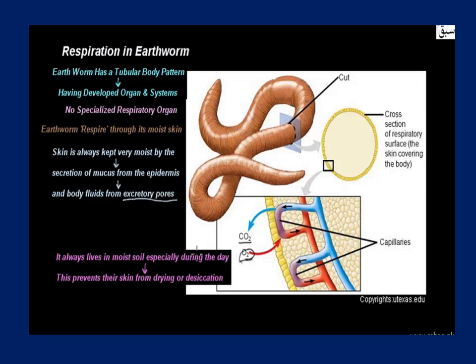The skin is specialized by blood capillaries. Through the moist skin, oxygen directly enters into the blood vessels by the process of diffusion, and carbon dioxide is exhaled out through the surface of the skin. How the blood capillaries are arranged nearer to the skin, you can see in the picture.